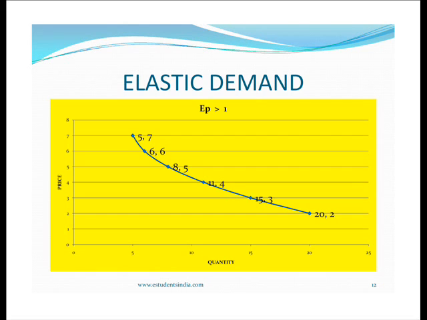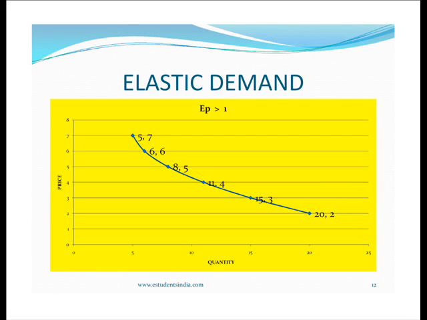When price is rupees 3, quantity demanded is 15 units. Total expenditure is 3 into 15, rupees 45. How can you obtain total expenditure at each price? You can obtain it by multiplying the x and y coordinates.